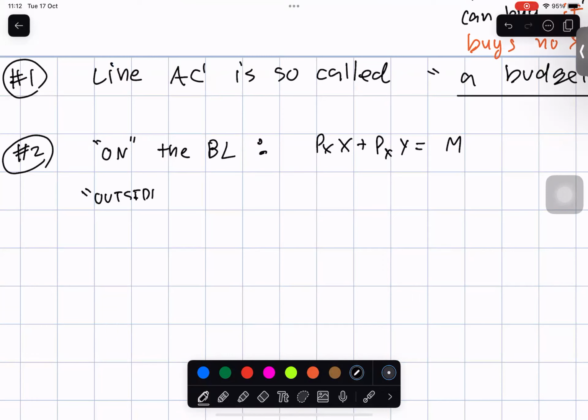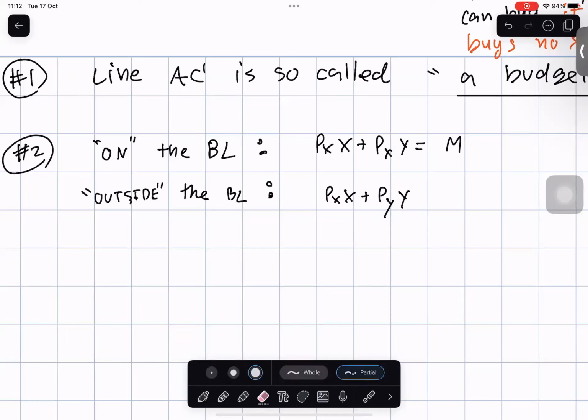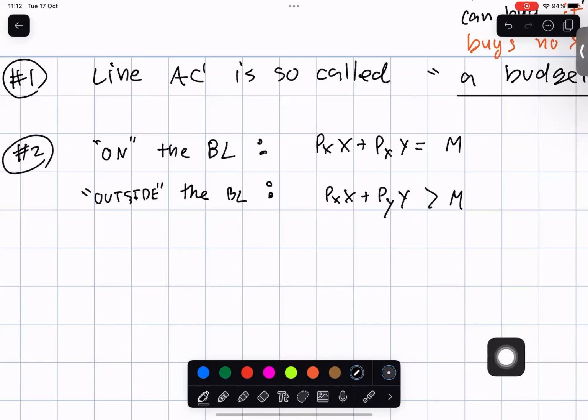Outside the budget line, the ocean: sorry, mister, you cannot afford it because we already computed that expenditure is beyond your budget. You can only dream about that. So for any basket outside the frontier, we would find that expenditure would be higher than M. He cannot afford this. Unaffordable.